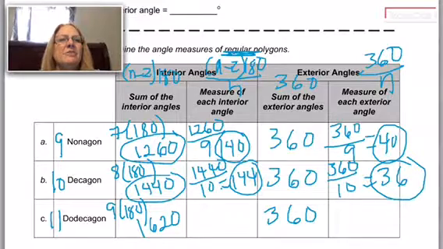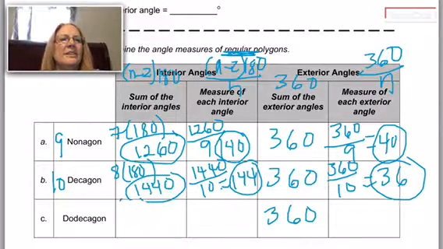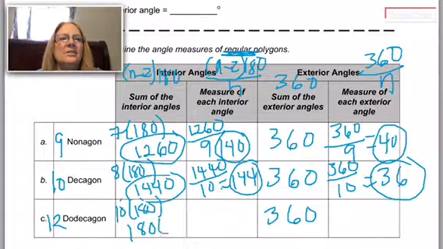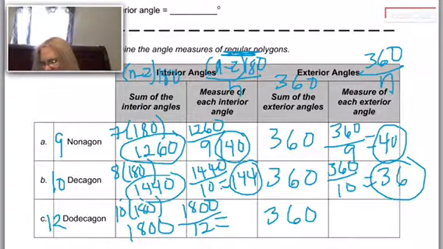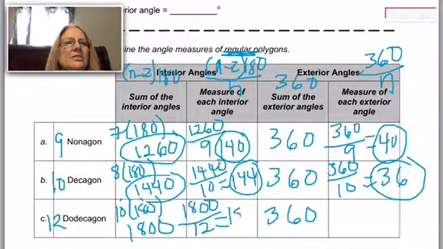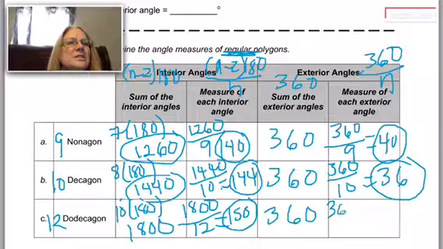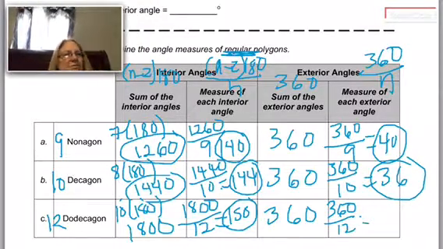Oh, I'm sorry. Let me fix this. That's not right, because this is not 11. A dodecagon is 12. Sorry about that. Glad I caught that. So this is 12 sides. So this would be 10 times 180, or 1800. And this is 1800 divided by 12, which is 150. And then this is 360 divided by 12. I think that's 30, but yeah, I always like to double check on my calculator.